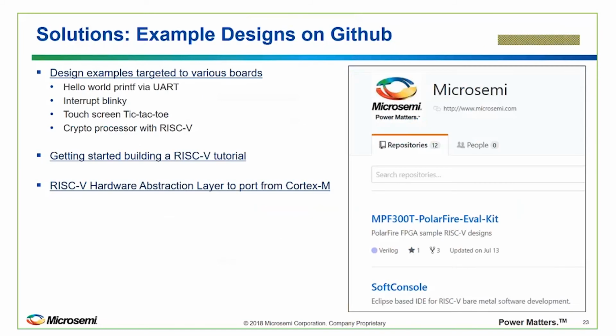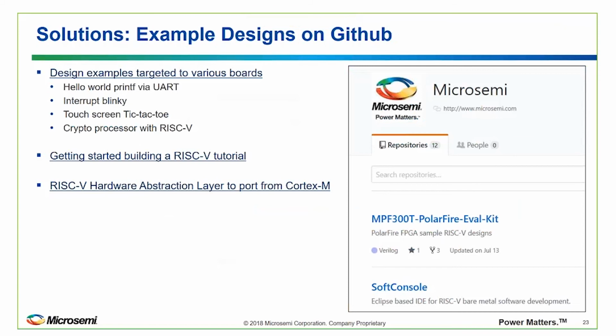And where can you get this stuff? Microsemi has a site on GitHub where you can go and get various different design examples that are targeted to different boards. So these would be complete Libero projects as well as firmware projects. There's a getting started tutorial to build a RISC-V design.